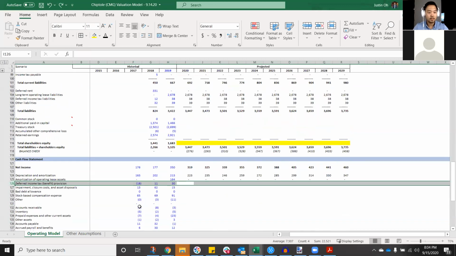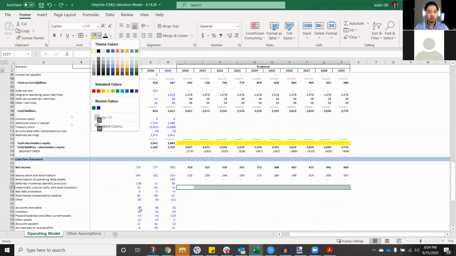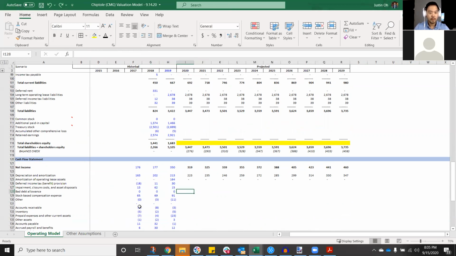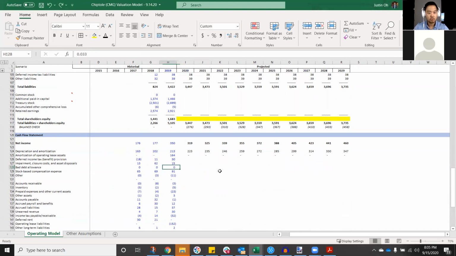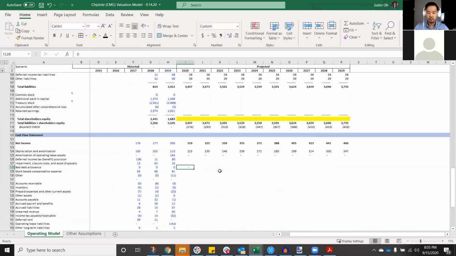Okay, so I think this is impairment, so we're just going to assume stuff. Bad debt allowance. So we're just going to delete this or zero this out. I'll come back to the things that are a little bit more complicated.